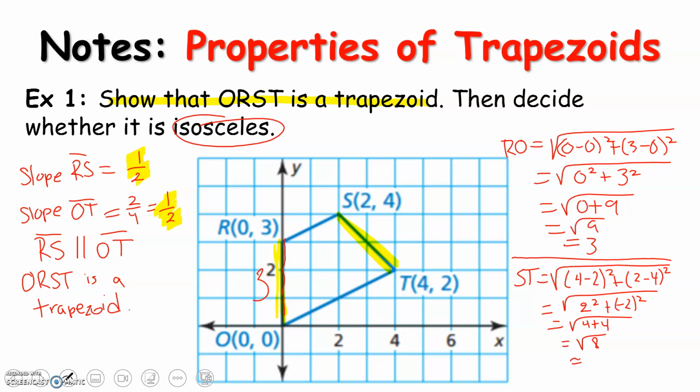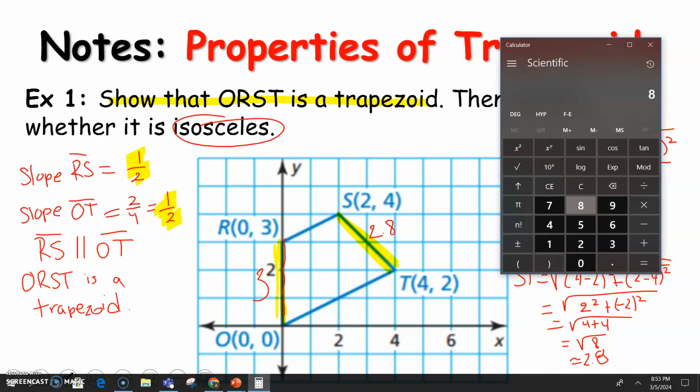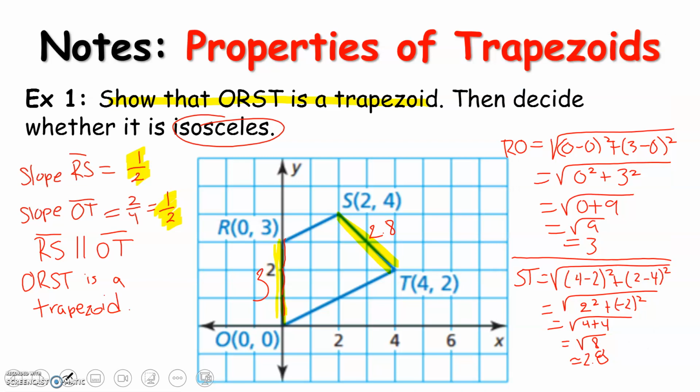So this is going to come out maybe like a 2.8 or a 2.9-ish. Okay, so about 2.8. Now we could ask a calculator. Let's just make sure and see. Yeah, about a 2.8. So those are not congruent, so this is not isosceles.